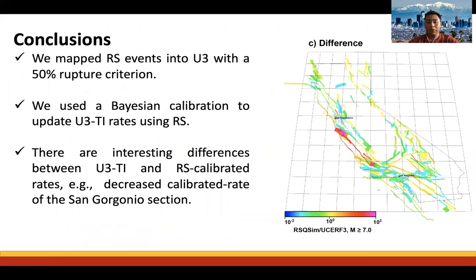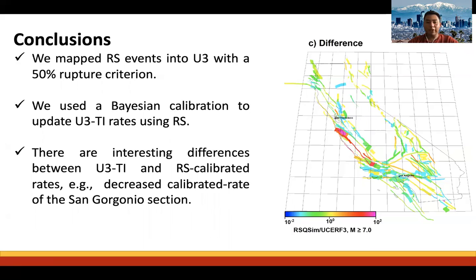And to conclude, we were able to map RSQ-SIM events into the user 3 event set by using a 50% rupture criterion. We also were successful in using a Bayesian calibration approach to update the user 3 time-independent rates using RSQ-SIM.